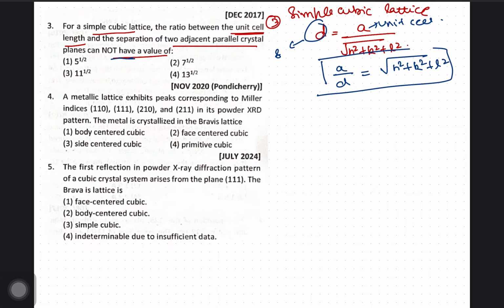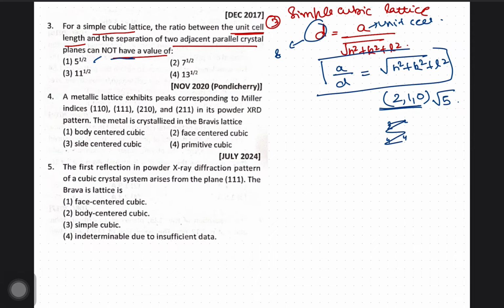Now they cannot have the value, so in this you have to see which value is not possible. Starting from the first, root 5 is possible if we take h 2, k 1 and l 0, so this is possible. Now root 7, how will you see it, if we take 2, 4 2 4 5 6, no 7.